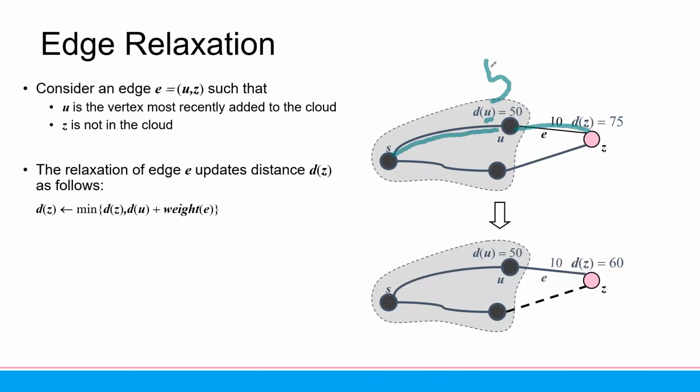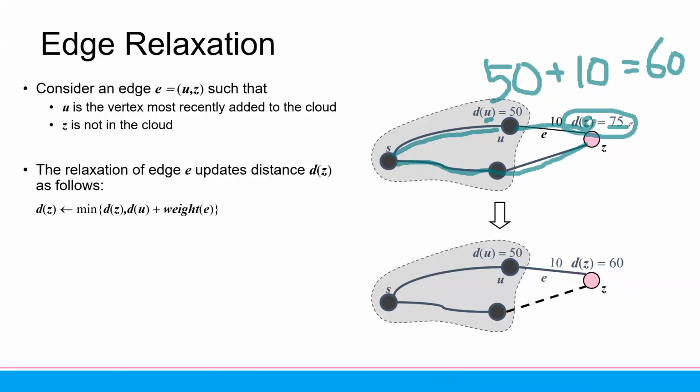It means 50 plus 10, it is 60. However, we have the distance of z as 75. So it means there might be another edge from this graph that can go to z and the distance is 75.